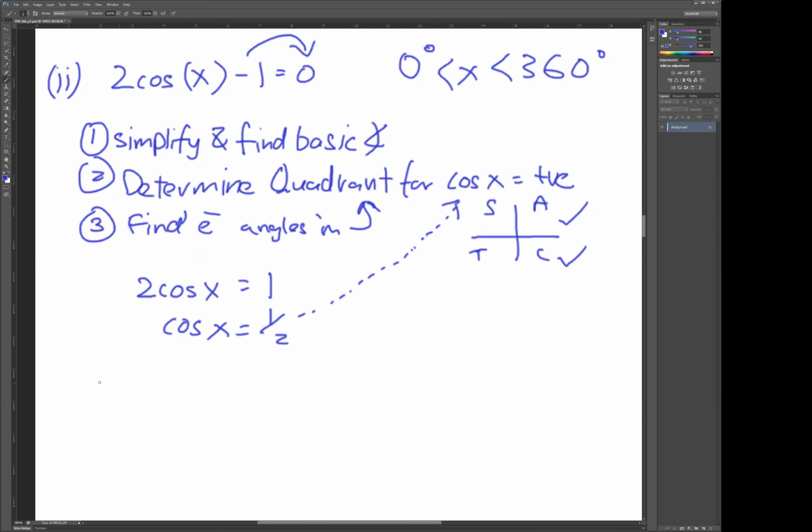So let's find the basic angle. So x is equal to 60 degrees.